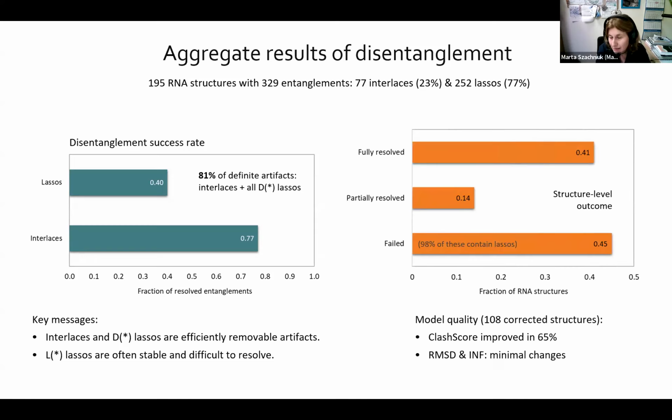Over 40% of the structures with entanglements were fully resolved. Some structures that included more than one entanglement were partially resolved, around 45%. And over 40% we failed. So these were the cases mainly containing lassos.